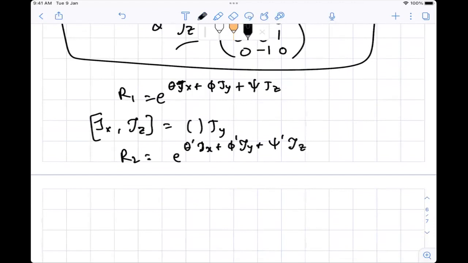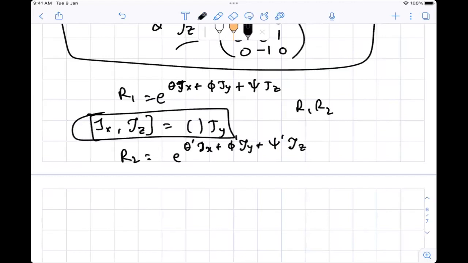And you want to know what R1 R2 is equal to. If you know these commutators between Jx, Jy, Jz, then you can easily do this computation. So if you know how the commutators behave, you can combine any two elements of that group. It can be generalized to any number of dimensions, for 3, 4, 5, any number of dimensions.